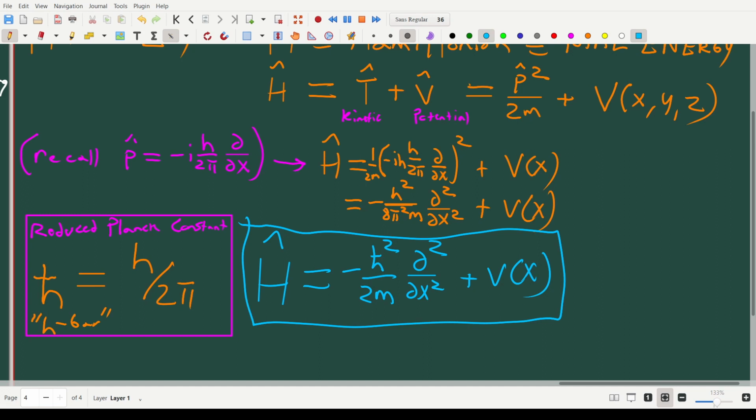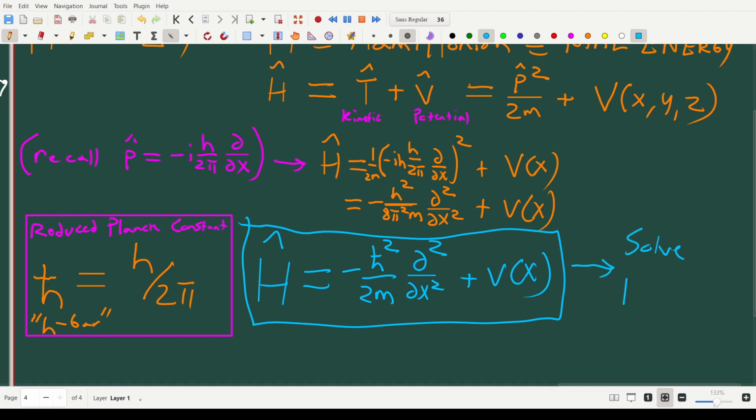It says that the second derivative of the wave function plus this function of x times the wave function should give me the wave function back times a number. That's Schrodinger's equation. So we have to find the wave functions that satisfy this property. H applied to a wave function is equal to E times that wave function.